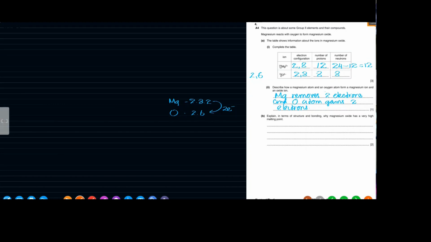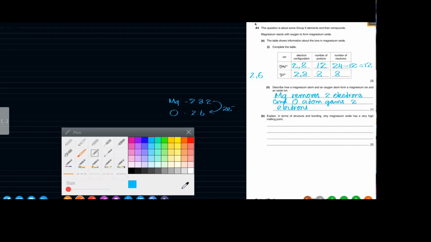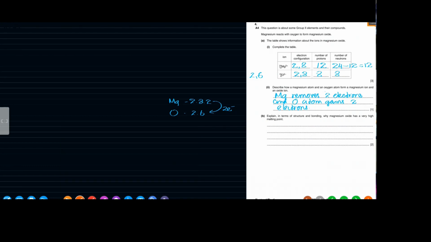Explain in terms of structure and bonding why magnesium oxide has a very high melting point. Right. The reason is, first of all, you must say it forms a giant ionic structure. Giant ionic structure. Right? This is 1 mark. Now, any of the 2 points that I mention will score marks.